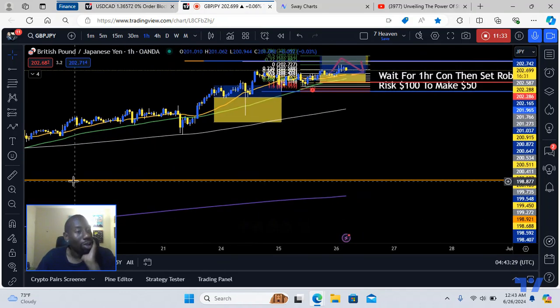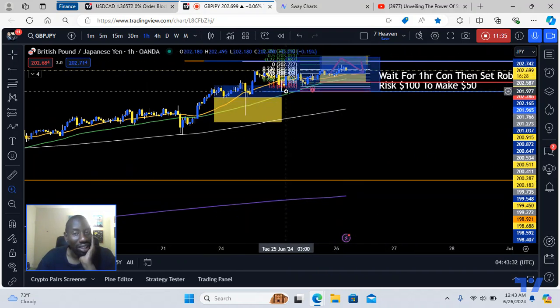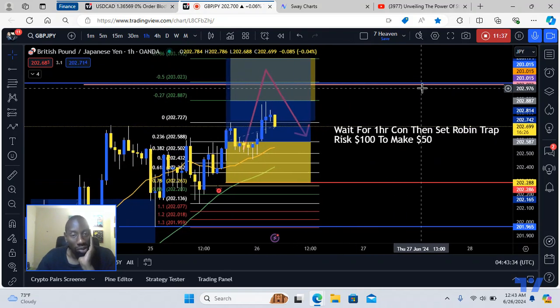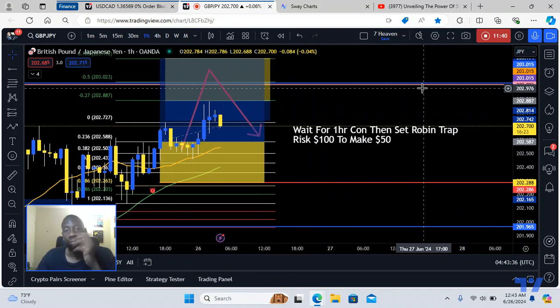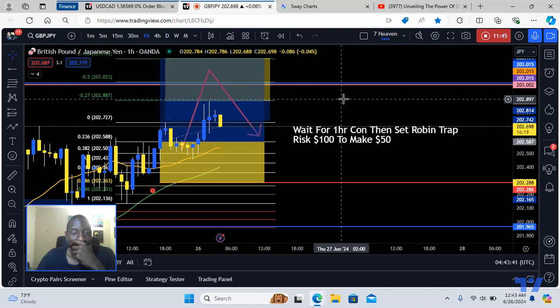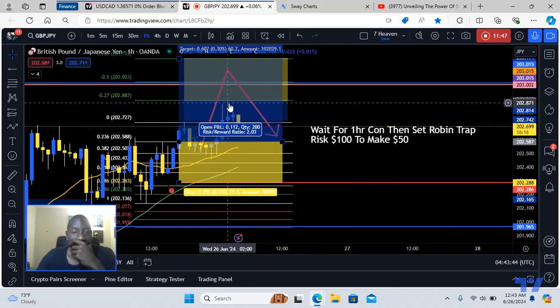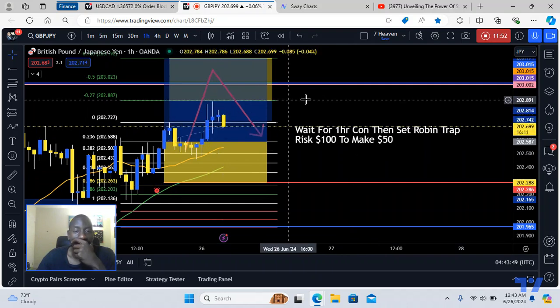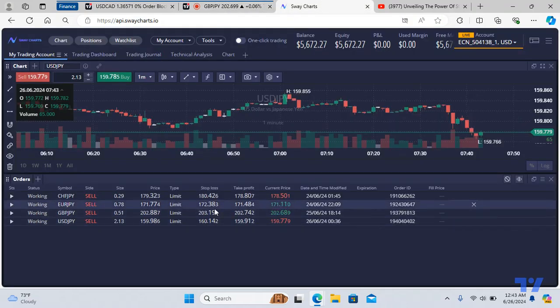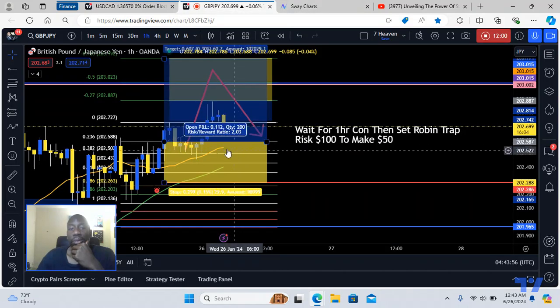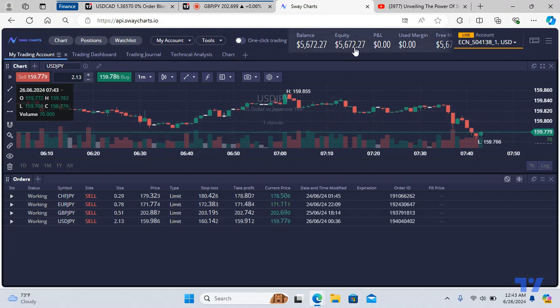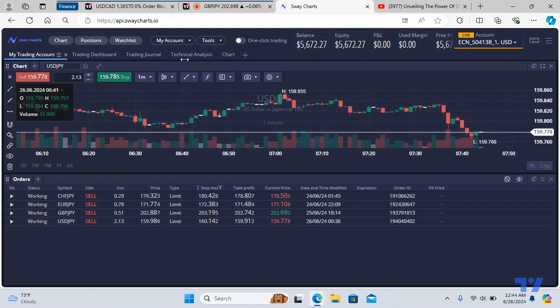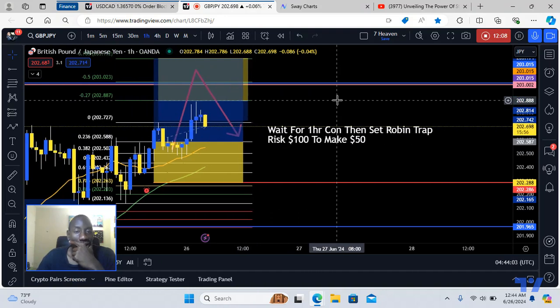But of course, we gotta wait for that negative 27 to get hit. We gotta wait for that. But that is the move right there we're looking for. It would have hit TP if we did tag in. And this is this setup, risking $100 to make $50. So if it came up a little bit more, we might have made that $50 easily. But yeah, we still gotta wait and see what it does after that.